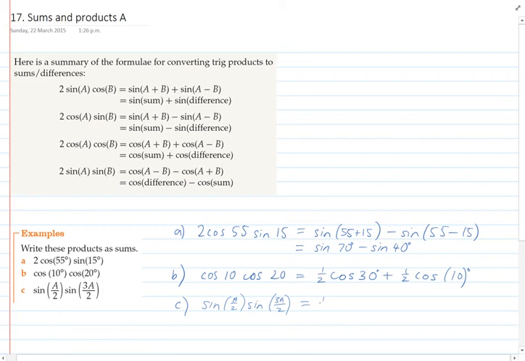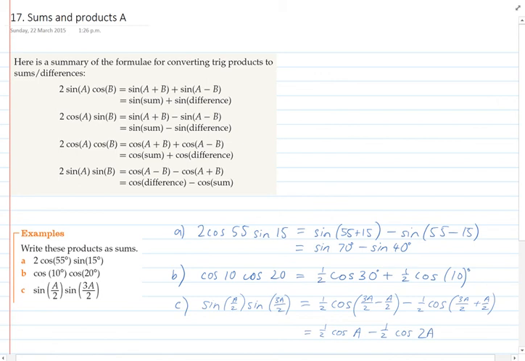So that's going to be a half cos, and this time again we'll write 3a over 2 minus a over 2, and then we've got minus what they get when they add together, so half cos 3a over 2 plus a over 2. Okay, so simplifying that, we're going to have a half cos 2a over 2, which is just a, minus a half cos 4a over 2, which is just going to be 2a, and that's all.